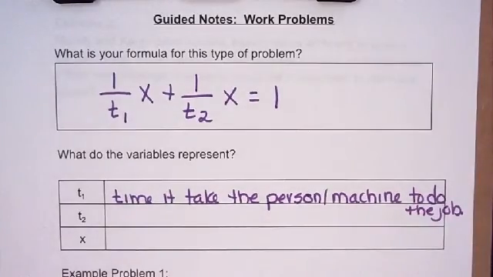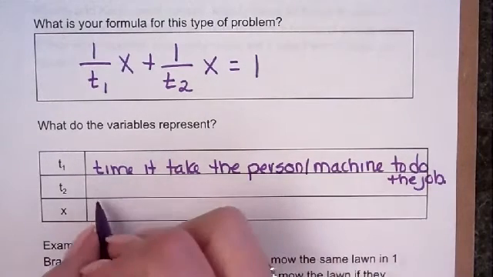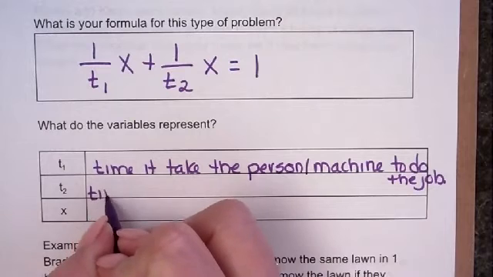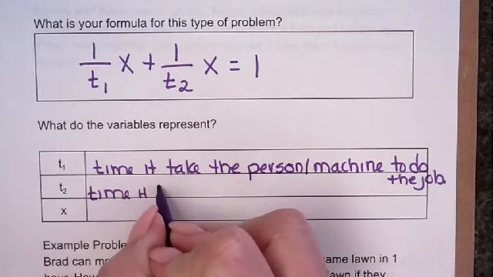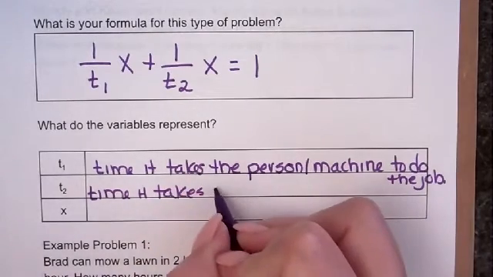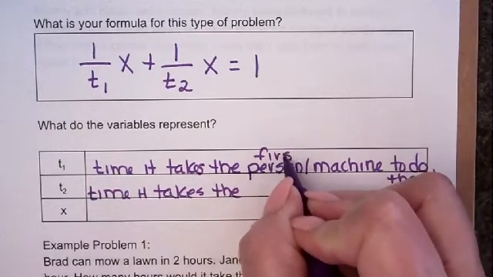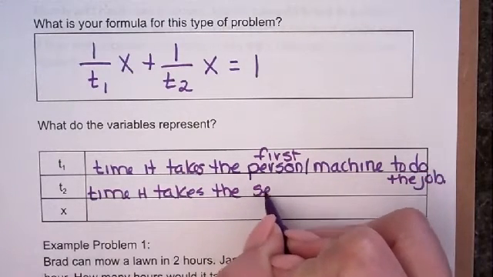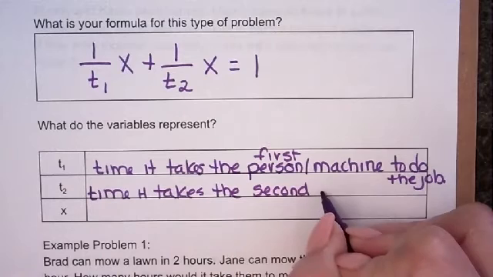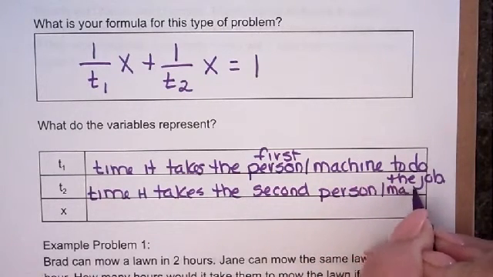Sometimes it's people working, sometimes it's machines working. T sub 2 would be the time it takes the second person or machine.